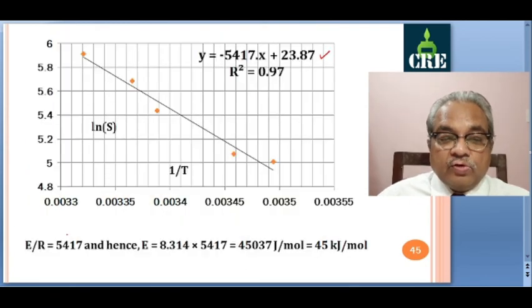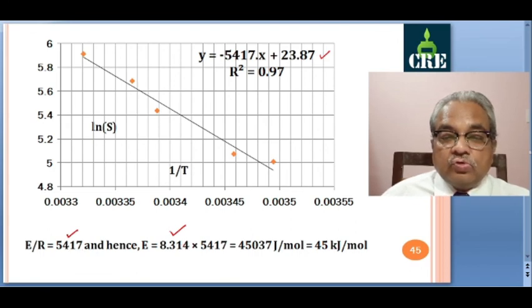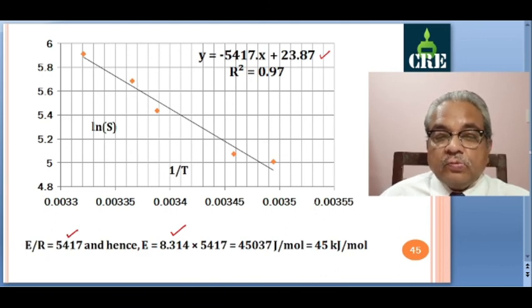What is asked is only the activation energy. So E by R magnitude is 5417, so E is equal to 8.314 joules per mole per degree Kelvin times 5417, the value of E by R. You get the result in joules per mole, and divided by 1000 we get 45 kilojoule per mole.